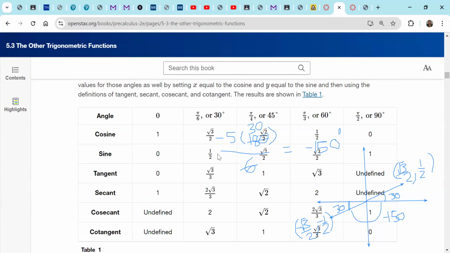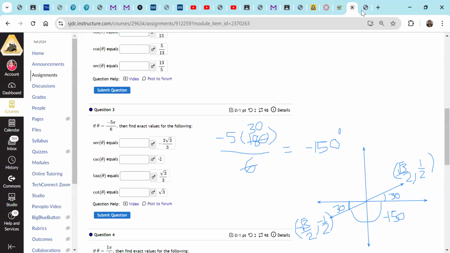So 30 degrees cosine, square root 3 over 2, sine 1/2. And then you were looking for secant, which is this value, cosecant, which is that value, then cotangent, that value. You can go that route also by looking at the table. But if you do know the things, then you can calculate each time by yourself. Any question comes up, feel free to ask.